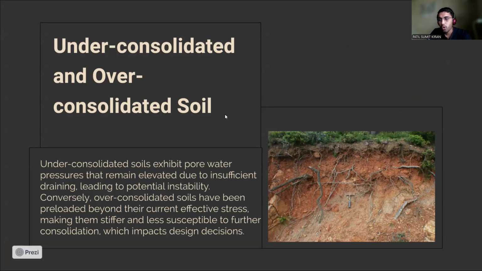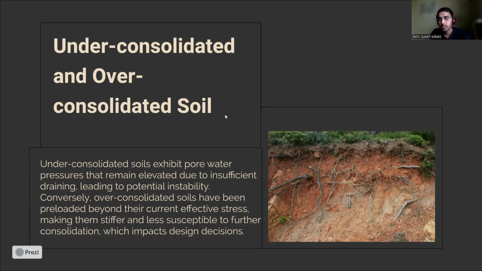A soil which is not fully consolidated under the existing overburden pressure is called under-consolidated soil. So it is a phenomenon where soil does not get fully consolidated. Whatever load is applied, the soil does not get fully consolidated, and more load should be applied to get the full consolidation process. At that time, we can consider that system as under-consolidated soil.